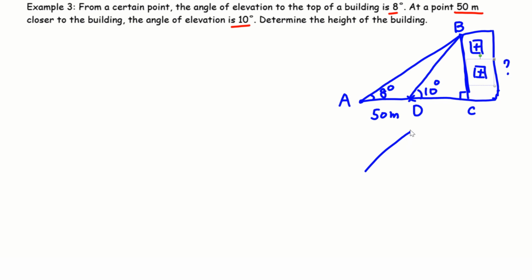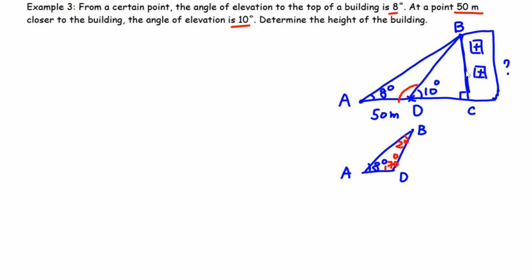So it's A, B, D. In this triangle, we have 8 degrees here. The angle D in the triangle ABD is 180 minus 10, which gives you 170 degrees. Then 180 minus 170 gives you this angle is 2 degrees. So this is triangle ABD.